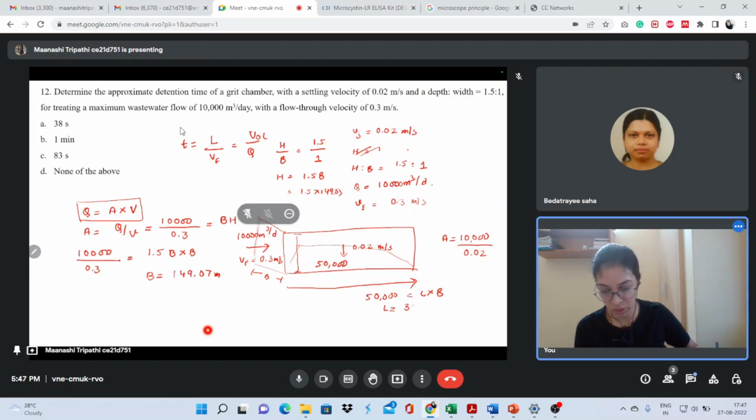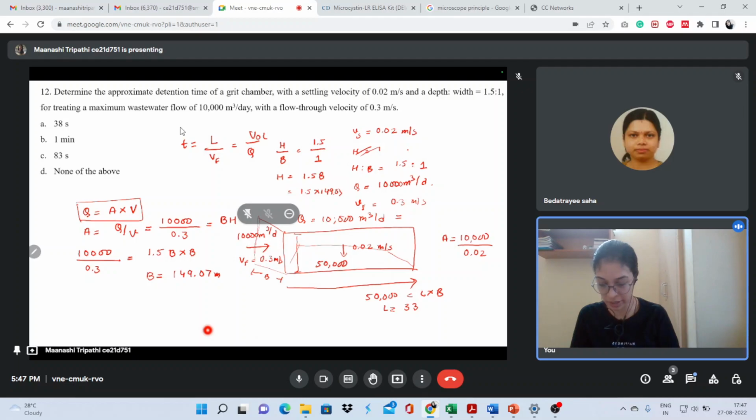Oh, we are making one very big mistake. Q was in 10,000 meter cube per day and velocity is in meter per second. So first of all we need to convert this to meter cube per second.